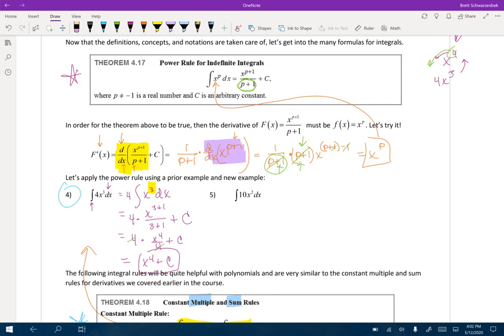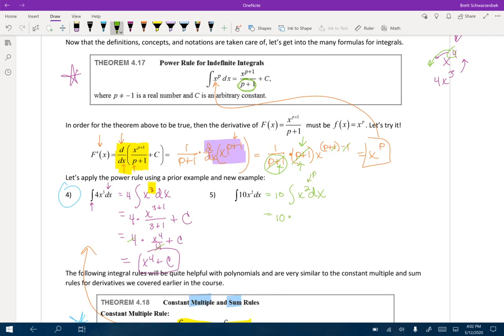So we get that. Let's go to 5 so you can see that mentally it's not always that easy to do. First step, take the constant out. It's going to go along for the ride. So we have 10, and we bring that down. Over here this is x to the p again, but 2 is p this time.